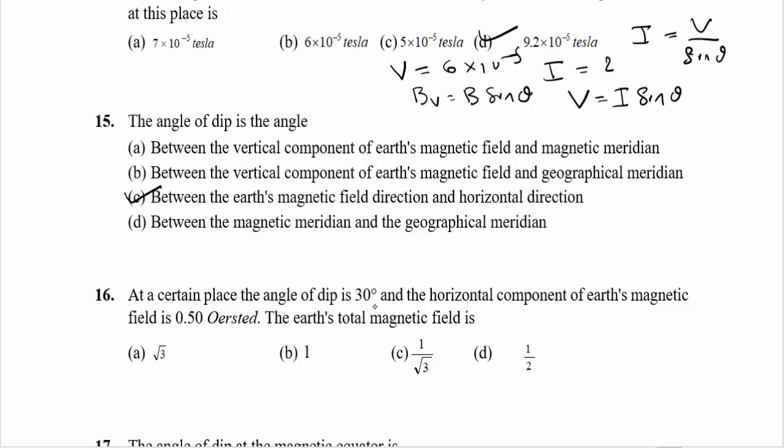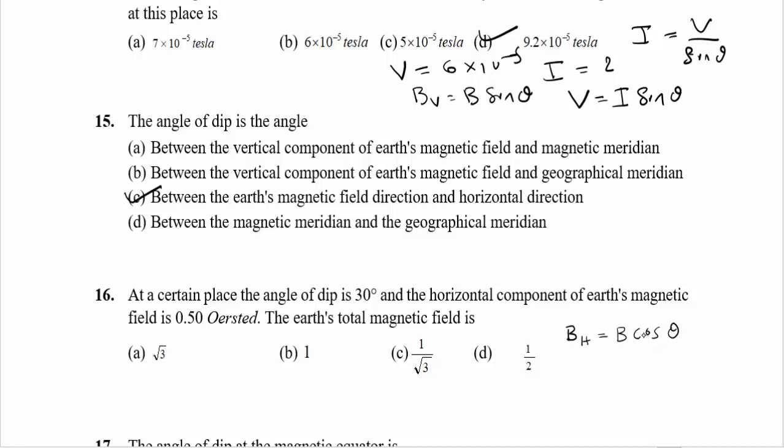Next, 16. At a certain place the angle of dip is 30 degree. The horizontal component of Earth's magnetic field is 0.5 oersted, given in oersted. What is the total magnetic field? Before that I am going to write BH. BH is written as B cos theta.